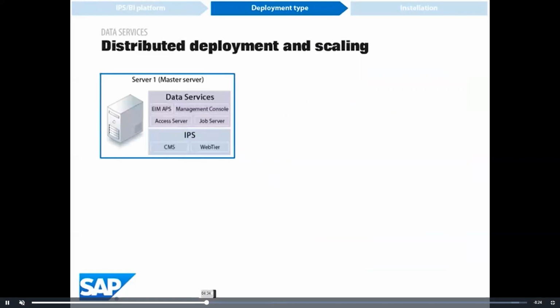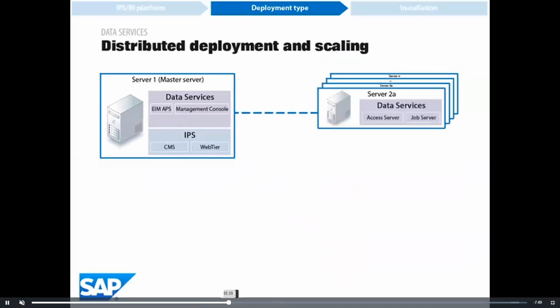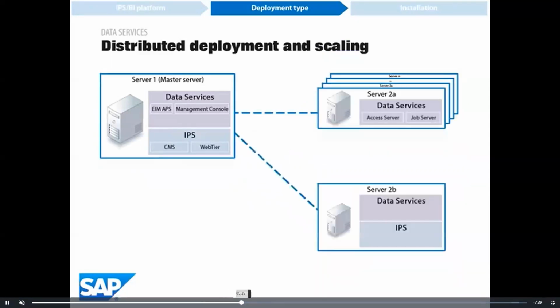And then I'll just show you. Server 1, server 2B, they've segregated the DS and IS, IPS and DS in one place, and then data services with access server and job server in one place.